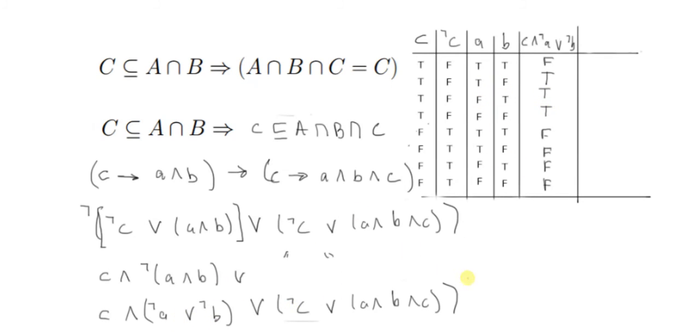So we'll go ahead and look at this other one. Not C or A and B and C. Alright, so the not C, we have these last 4 rows here. They all work because they're all false. The not C, true, true, true, true. And since there's an or statement, we don't have to worry about A and B. We're basically good here.